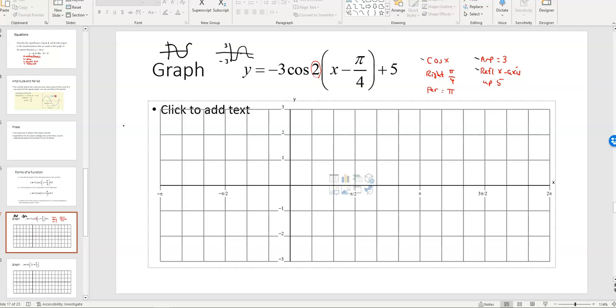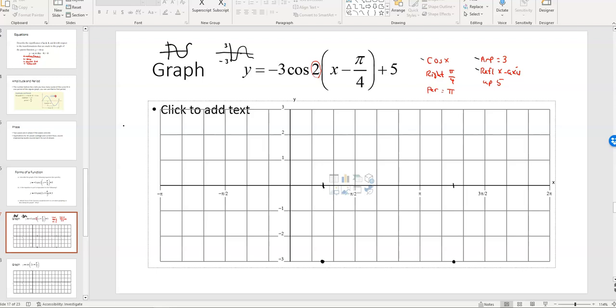So normally this would be at negative 3 on the y-axis, 0 on the x. But now, let's make it go negative 3 at pi over 4. All right, so I'm shifting it to the right pi over 4. Well, if I do that, then instead of ending at pi, it's going to end at pi plus pi over 4, which is over here.